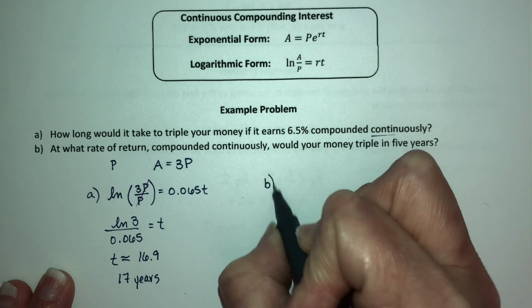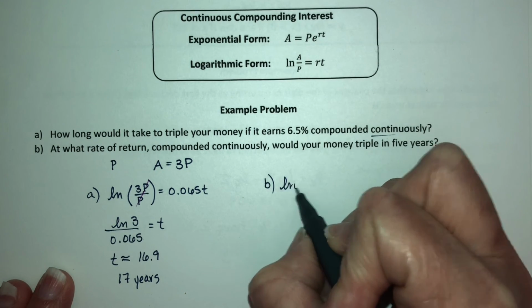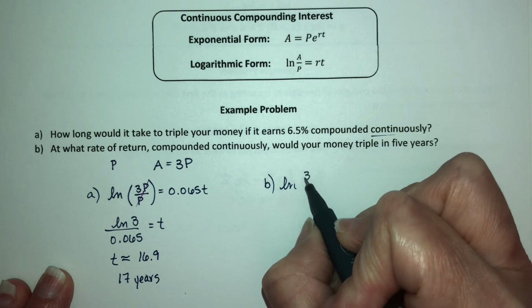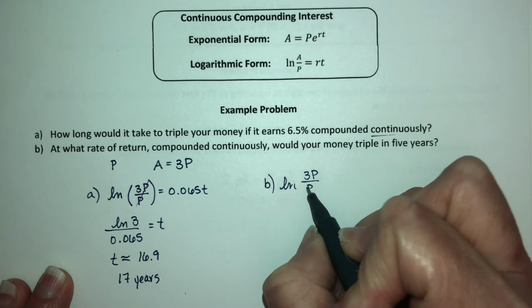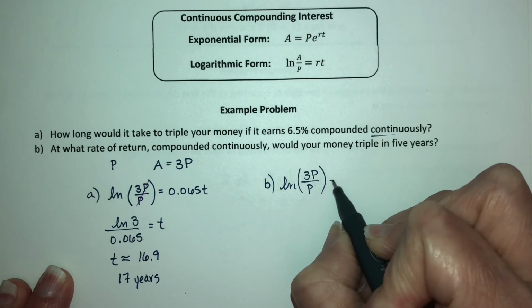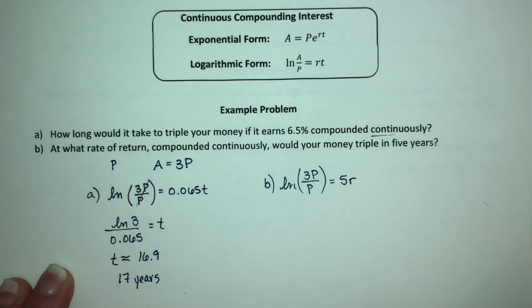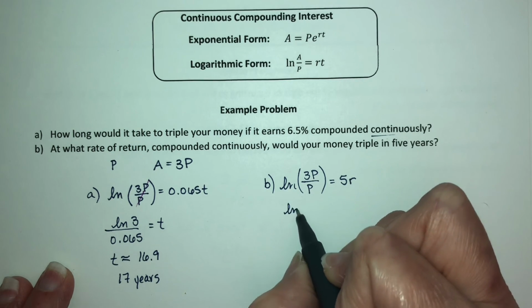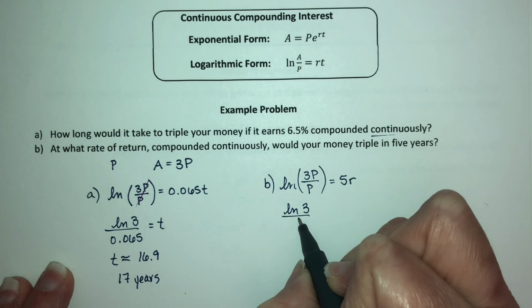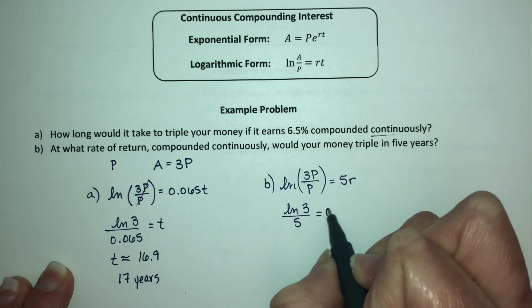So for part B, I will have natural log of 3p over p equal to 5 times r. So I have natural log of 3 divided by 5, and that's going to give me my r value.